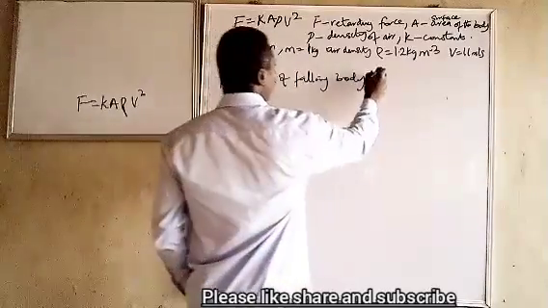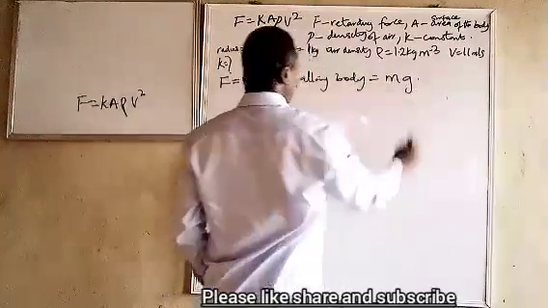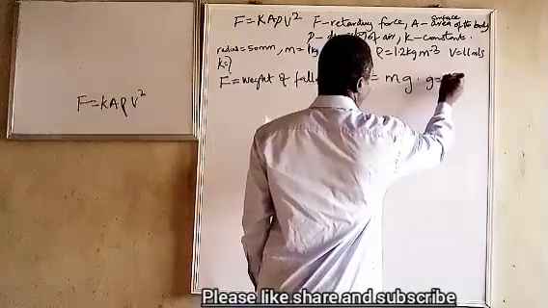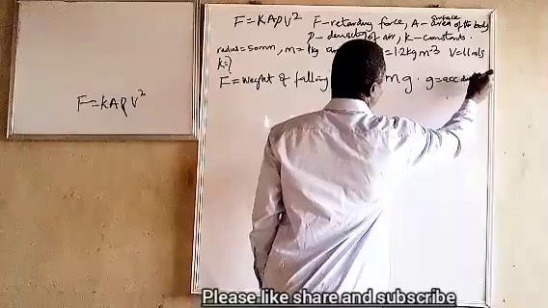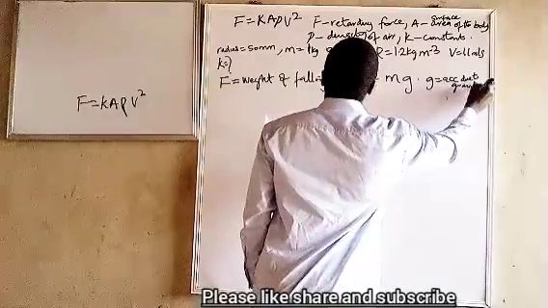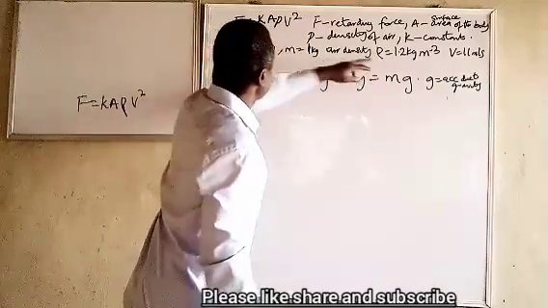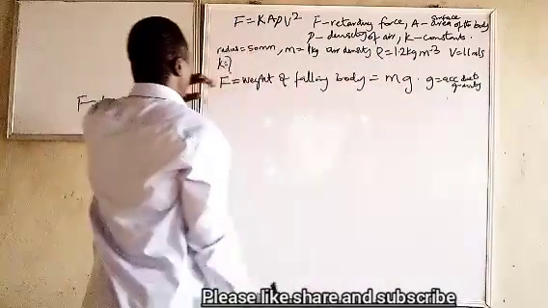And what is that? mg, where g is acceleration due to gravity. We have the density, we have the velocity. Let us now find the area.